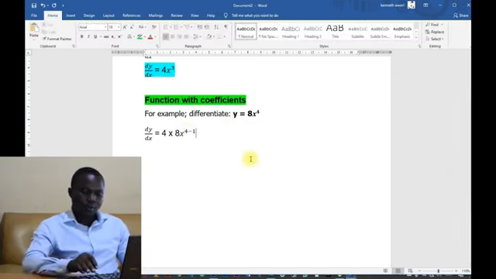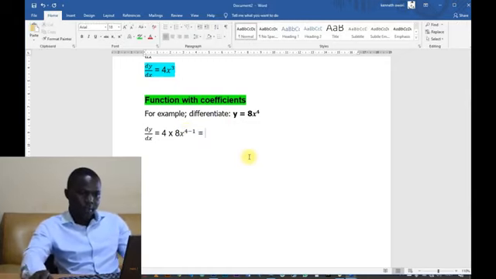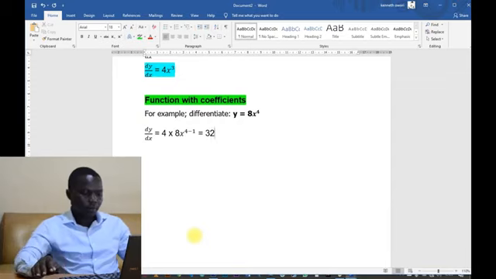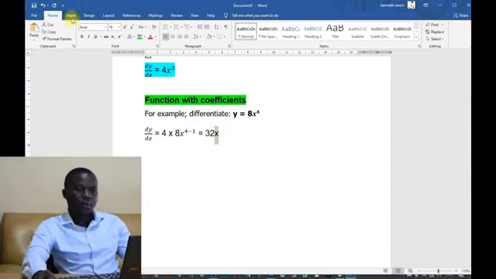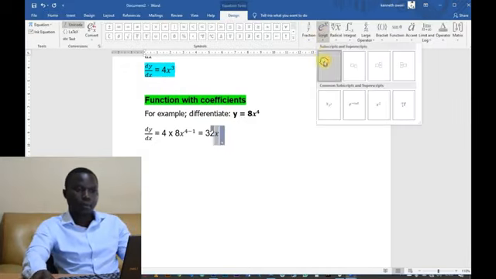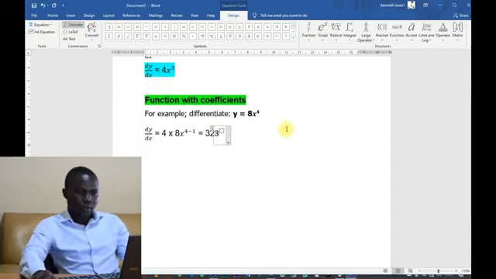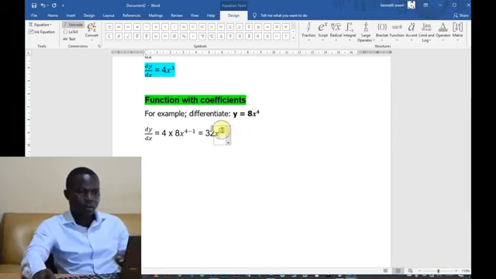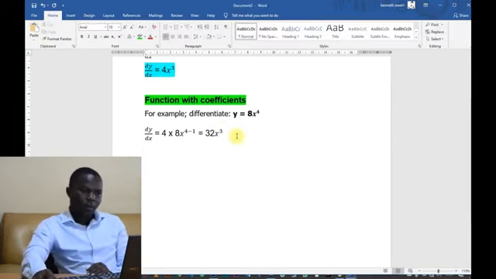Meaning that 4 times 8x gives us 32x power 3, because if we reduce 4 by 1 we get 3, and that would be the derivative.